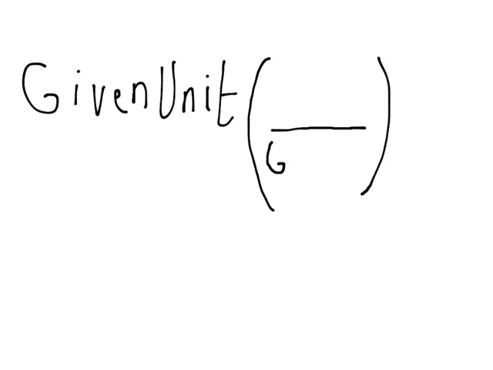There's a very basic formula for it. It's going to be the given unit, and you're going to make a parenthesis with a line. You're going to write the given unit again, but then on top of it you're going to write the desired unit, the unit they're asking for.